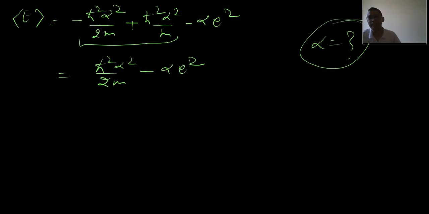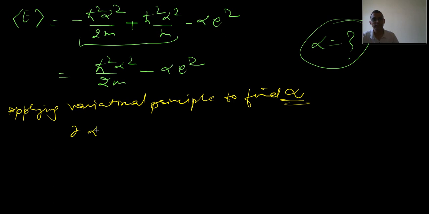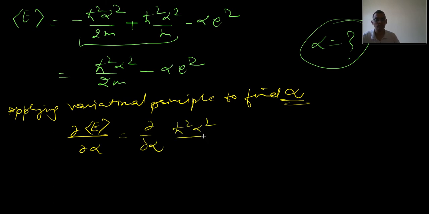So applying the variational principle to find alpha, here ∂E/∂α must be equal to ∂/∂α of its value ħ²α²/2m minus αe², and this must be equal to 0.